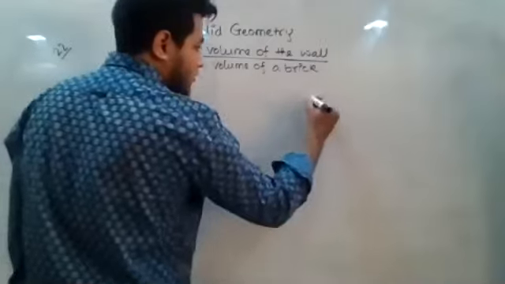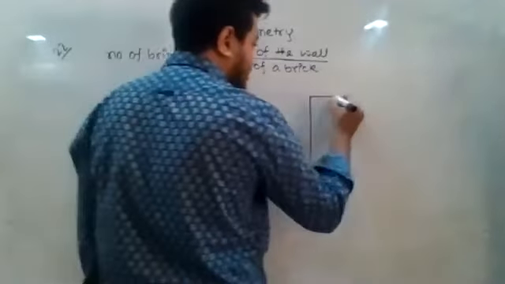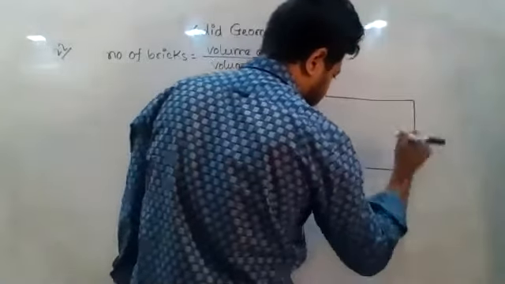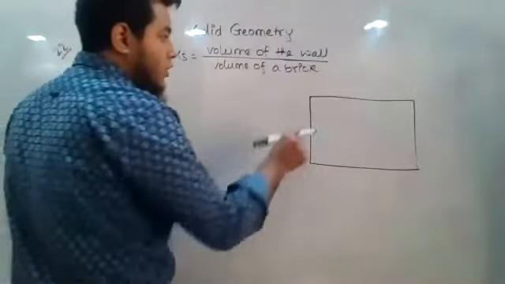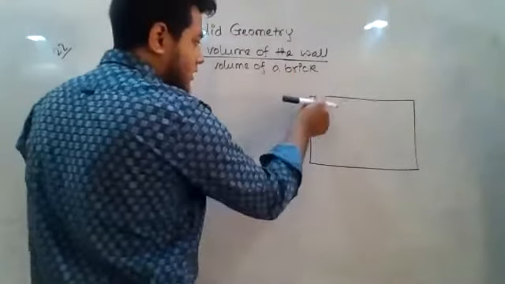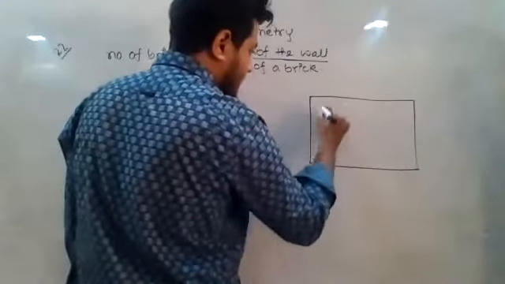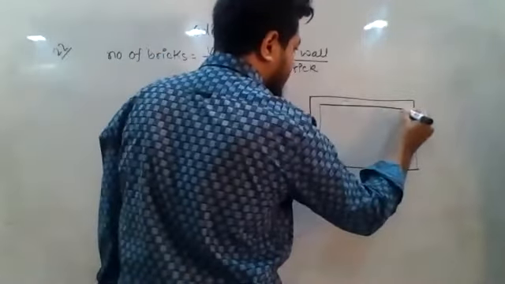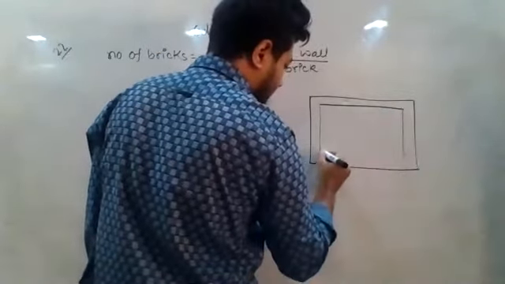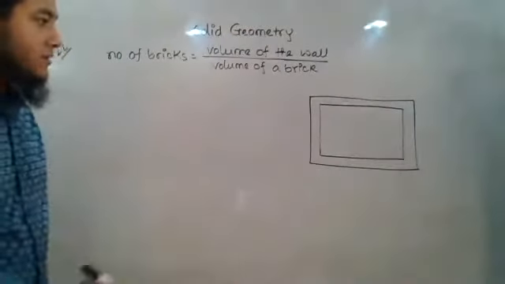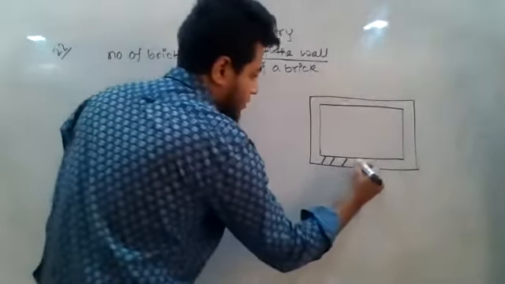If I draw the rectangular garden here, we need to build a wall inside, right? Let me show it this way. Like this, this will be our wall.